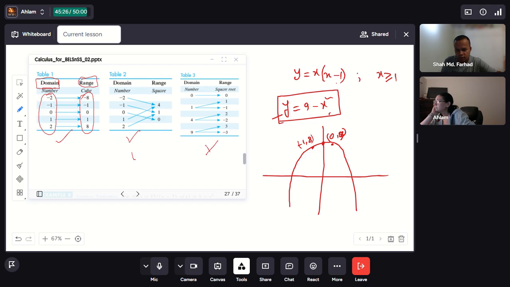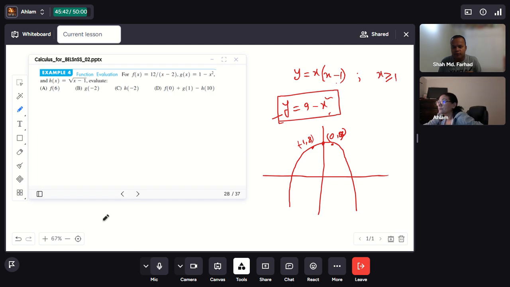Good. So you can easily identify this from a table also, right? Yes. Then we move on to the next: we are given some functions and we have to identify some values.